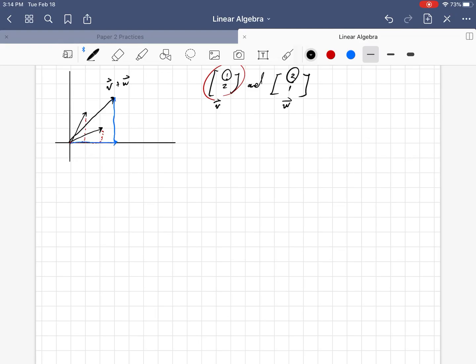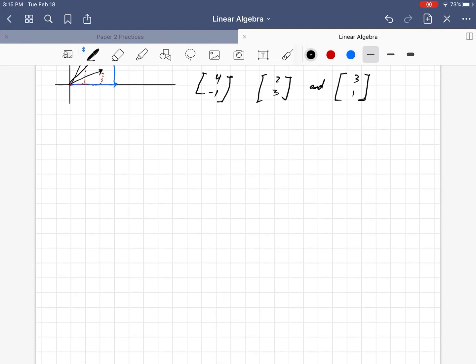So maybe we have the vector 4, 1, and we want to know, is it a linear combination of the vector 2, 3 and the vector 3, 1?